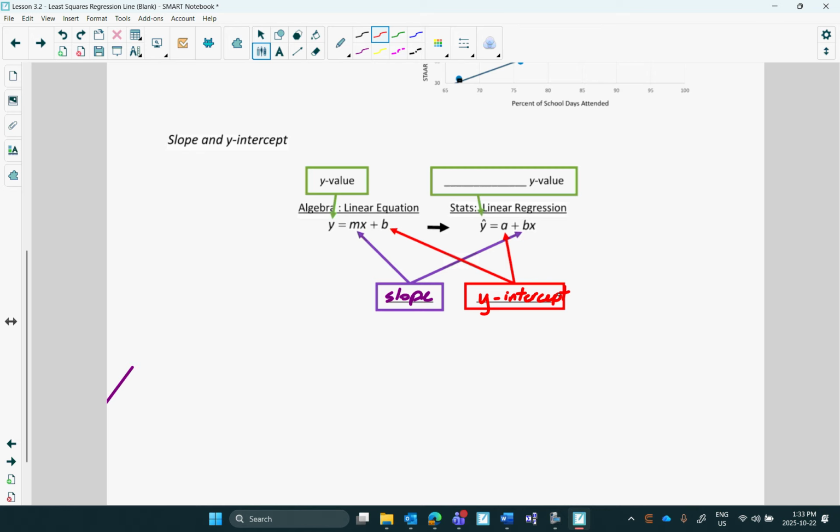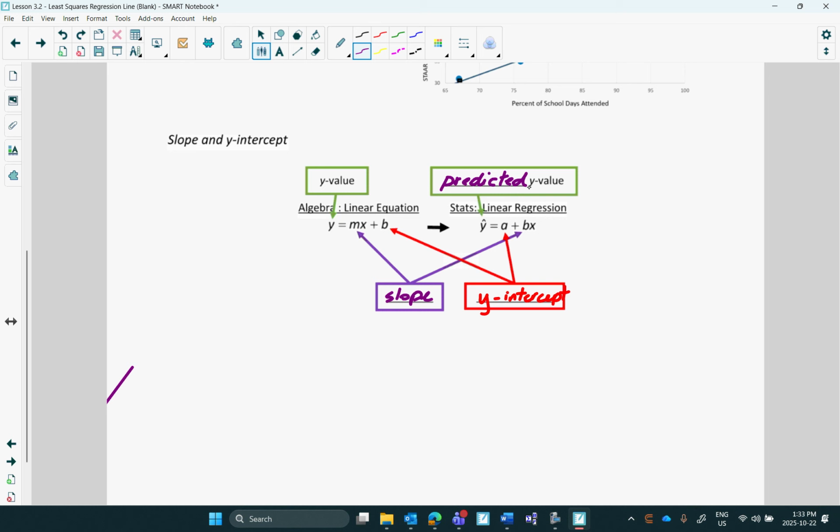With a statistical linear regression line, we don't just use x and y, we use x and y hat, which remember means predicted. And the order's a little bit different. Notice that in algebra, b is the y-intercept, but in stats, b is the slope.